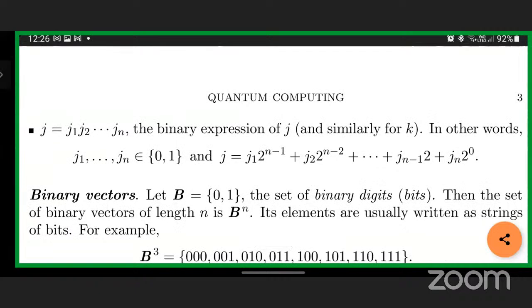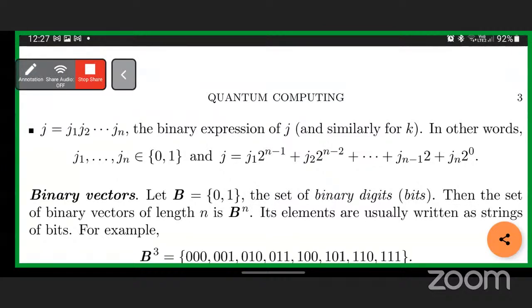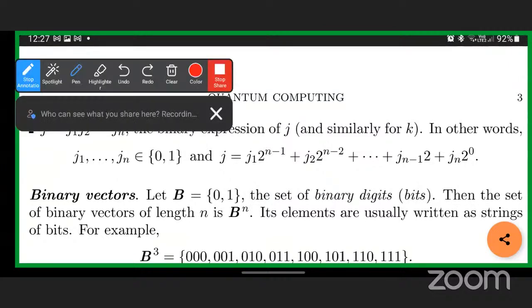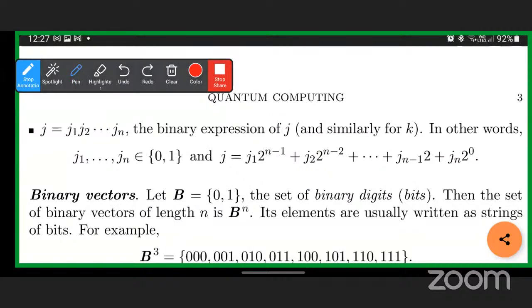Consider this presentation. I have J equal to J1, J2, J3. So how many values can J take? If I represent J like this, Ji is either 0 or 1. So how many values does this J take?